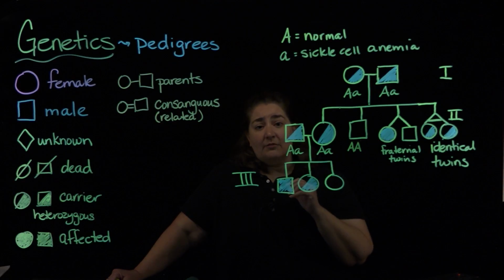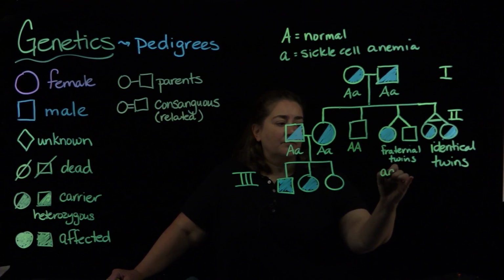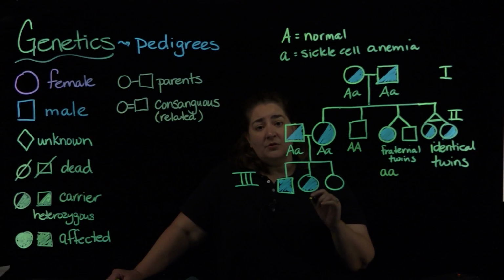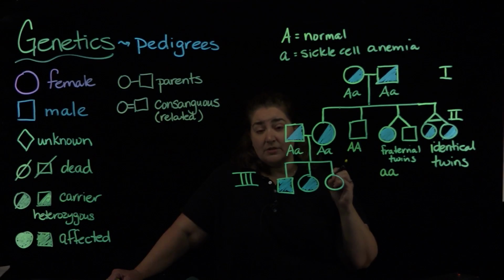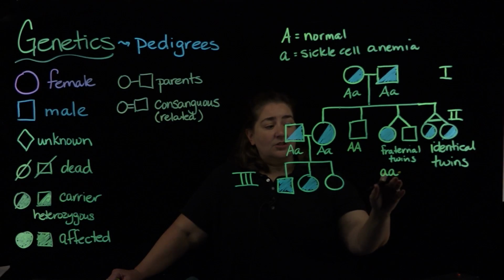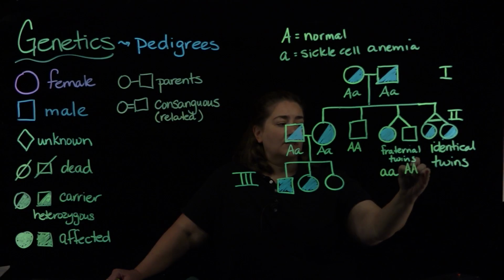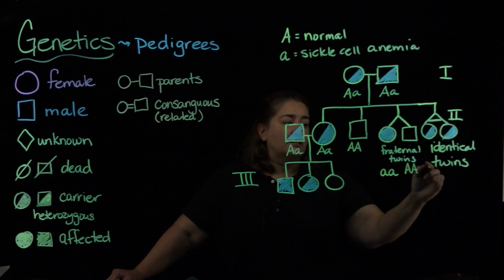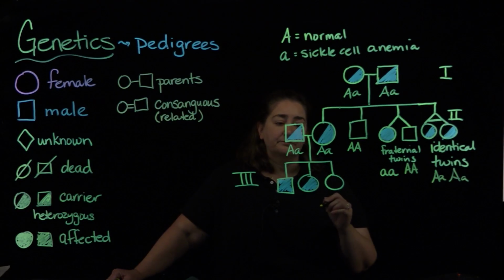So that would be their genotype. This individual that's affected has to be homozygous recessive because sickle cell anemia is a recessive disease, so she would have two lowercase a's. This son, capital A. These two then would be heterozygous.